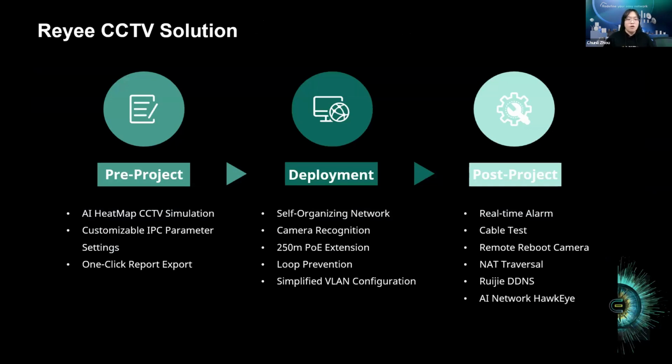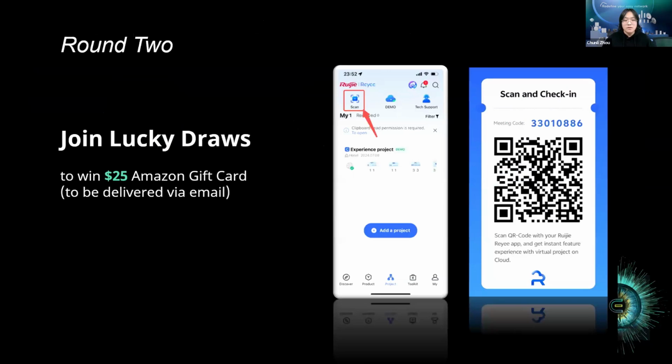All in all, in each stage, from the pre-project deployment to the post-project stage, our Reyee CCTV solution provides powerful functions to help you redefine your Ethernet network. That is all the information about the CCTV solution and our real case sharing in the CCTV network.